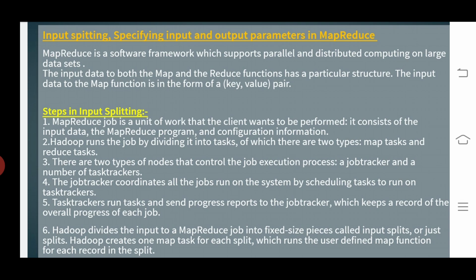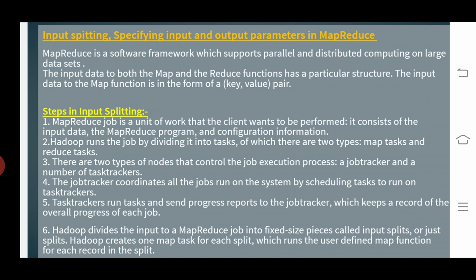The input data to both the map and the reduce functions has a particular structure, which we want to follow. The input data to the map function is in the form of a key, value pair.